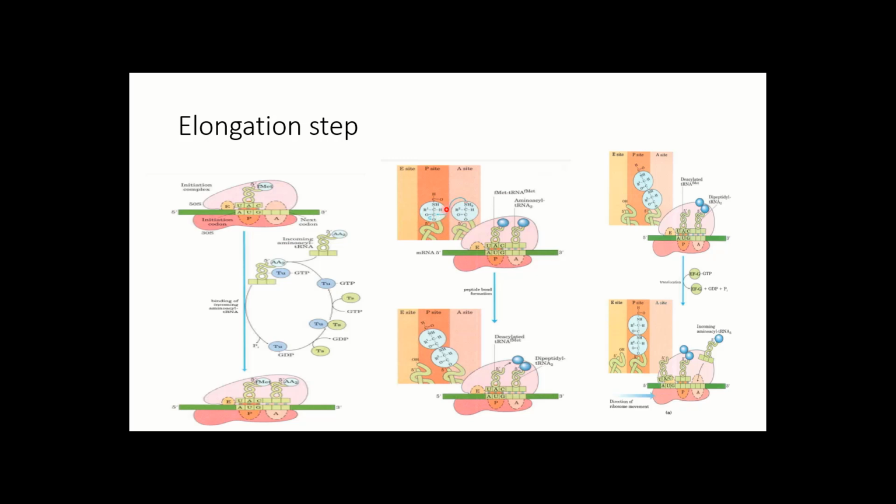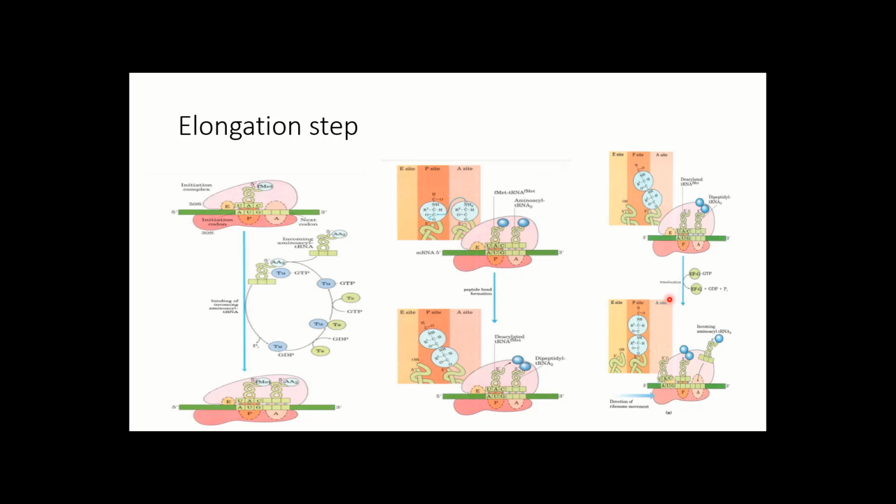By this reaction the peptide bond formation will happen, and after that the P site will be empty, and in the A site the peptide tRNA will be formed where the newly incoming amino acid has been properly incorporated. After this event translocation will take place.